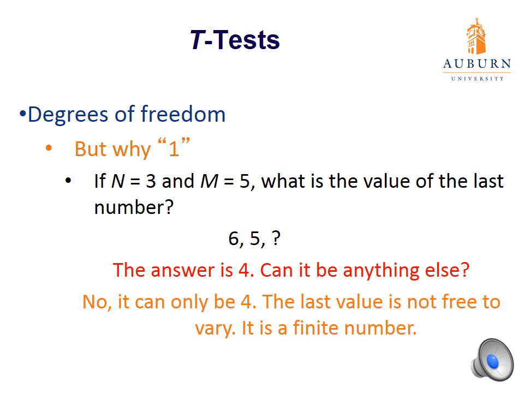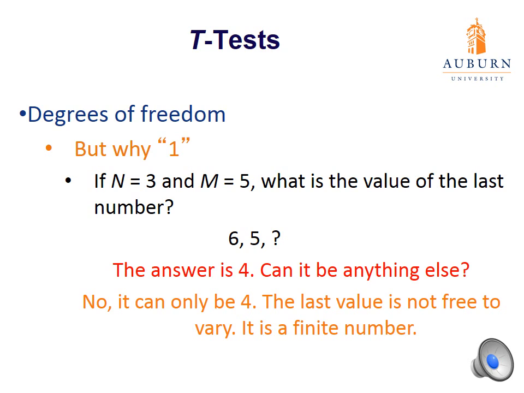The reason why we subtract 1 is because for any particular sample or any given data set that we get an average for, every observation in that sample is free to vary infinitely except for one of those values. So if I have a sample of 5 and I know 4 of those numbers, then I know what that last number is going to be.